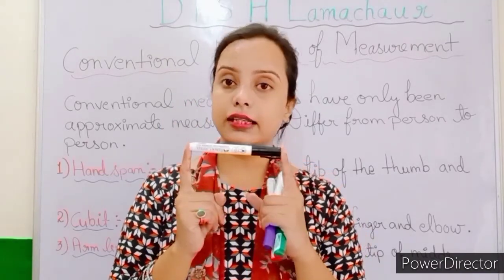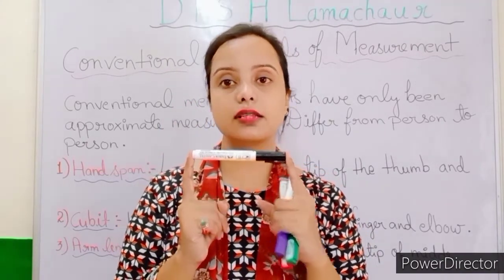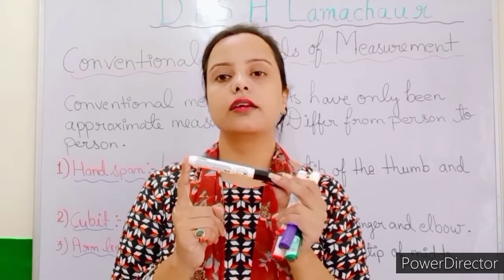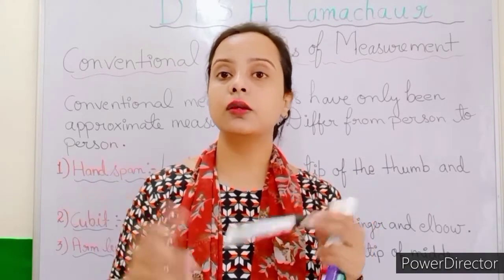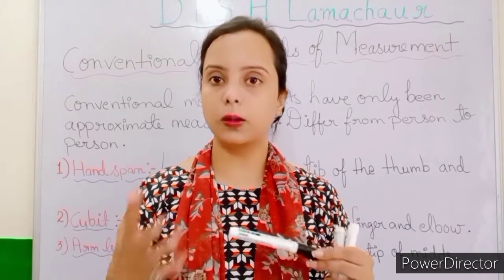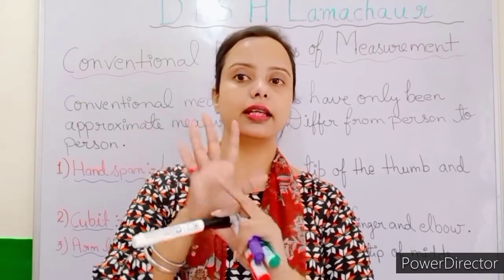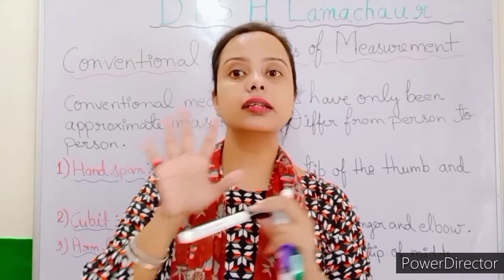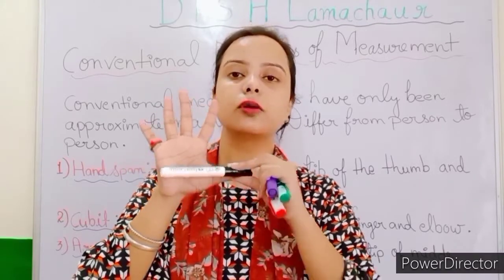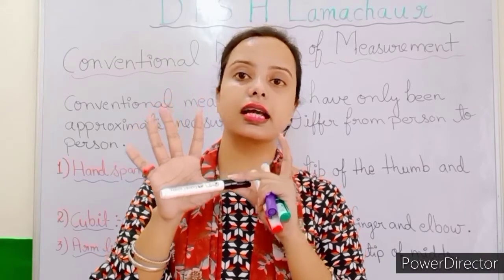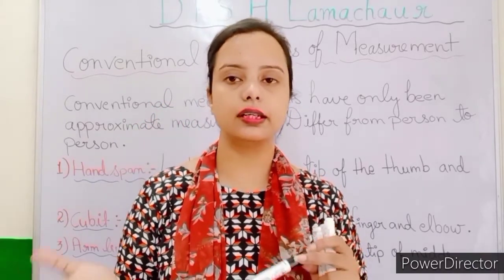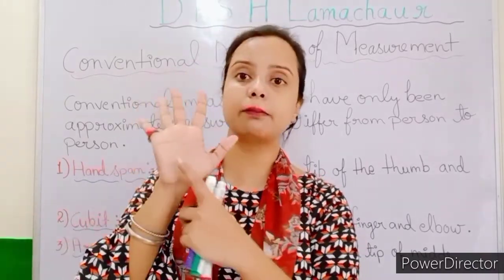So that is a different distance measured by a small kid. For example, a person who is taller, whose hand size is bigger than my hand, will also get a different approximate distance.